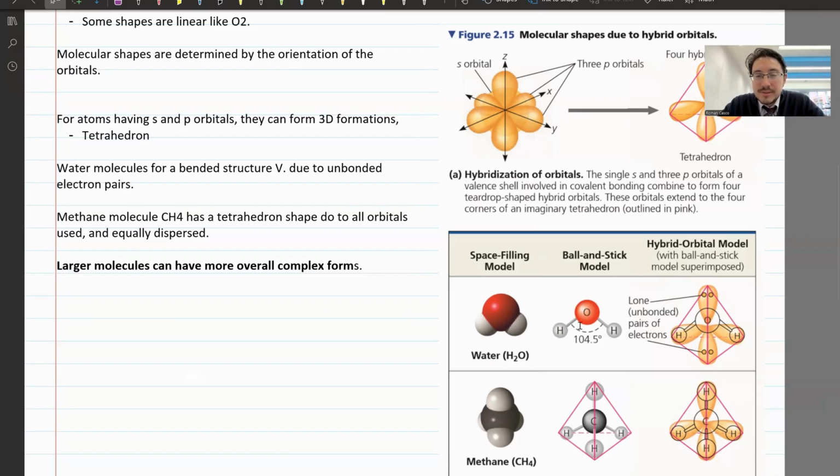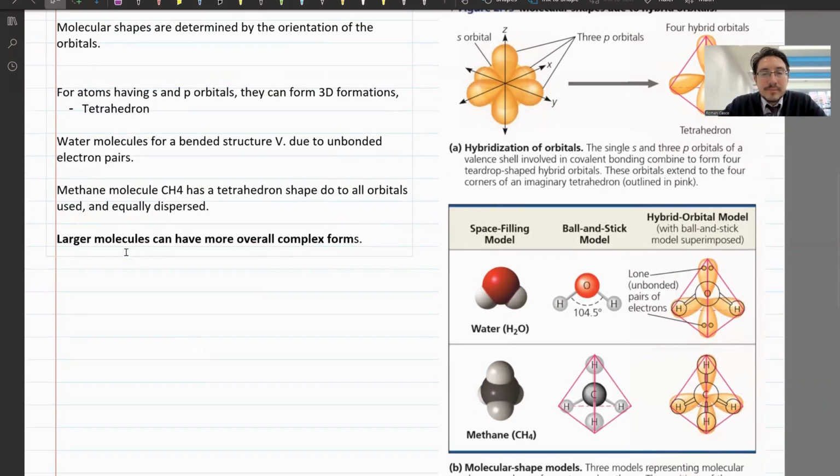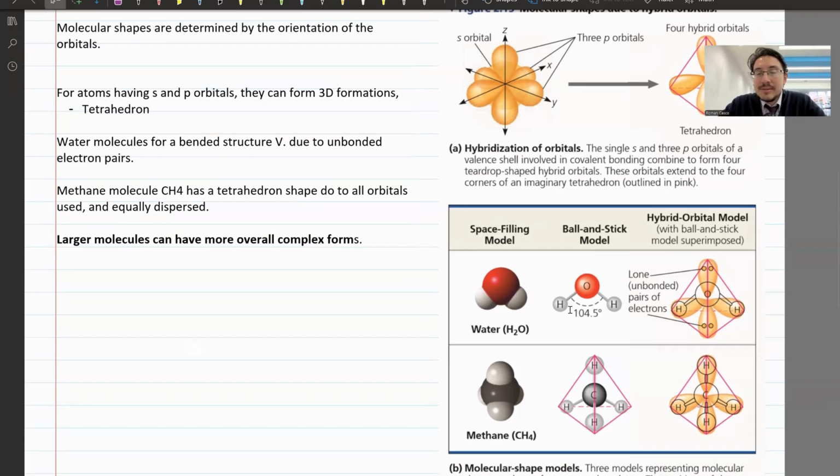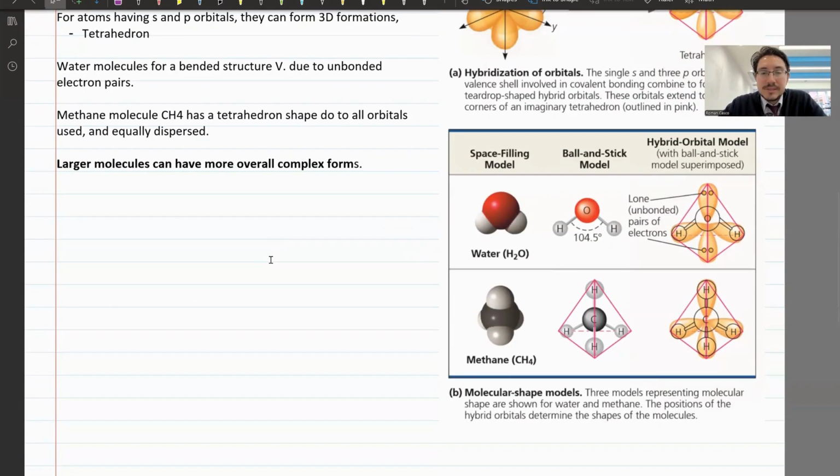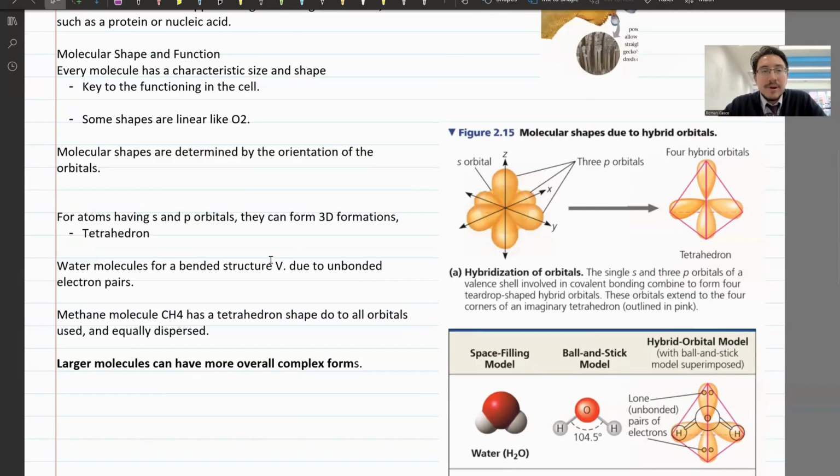You have oxygen, hydrogen, and hydrogen, bent at this particular angle. So orbitals can create different shapes, and when you have many, many molecules in different areas of a protein, you can create very complex forms of proteins in particular.